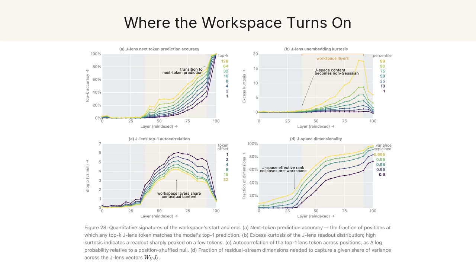The top concept at one position starts predicting the concept at the next, meaning the layers begin sharing contextual content. And the effective dimensionality settles. Together these mark the onset of the workspace regime. Then in the final layers everything flips toward the literal next token, the motor regime that actually speaks. Onset, stable body, handoff to output.